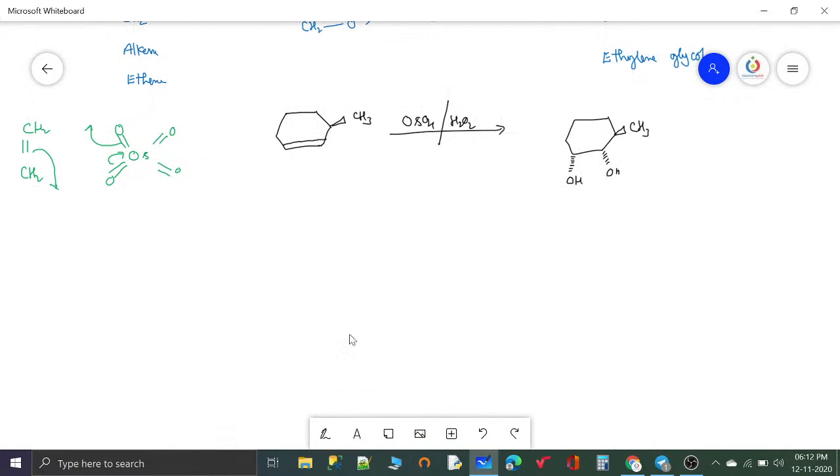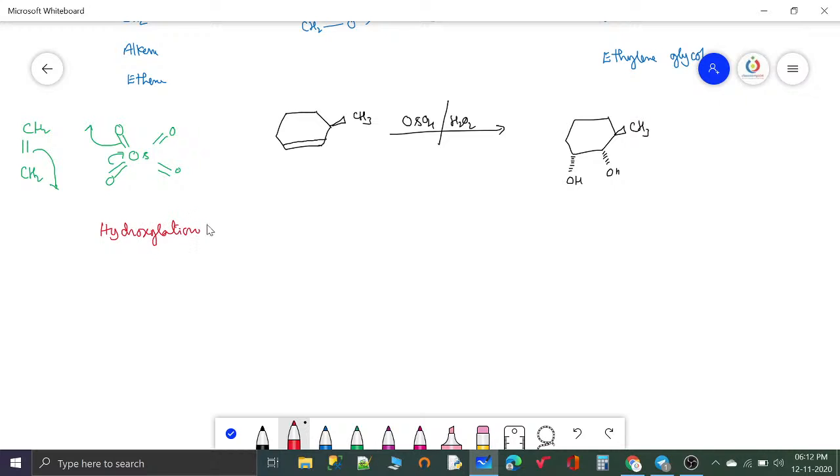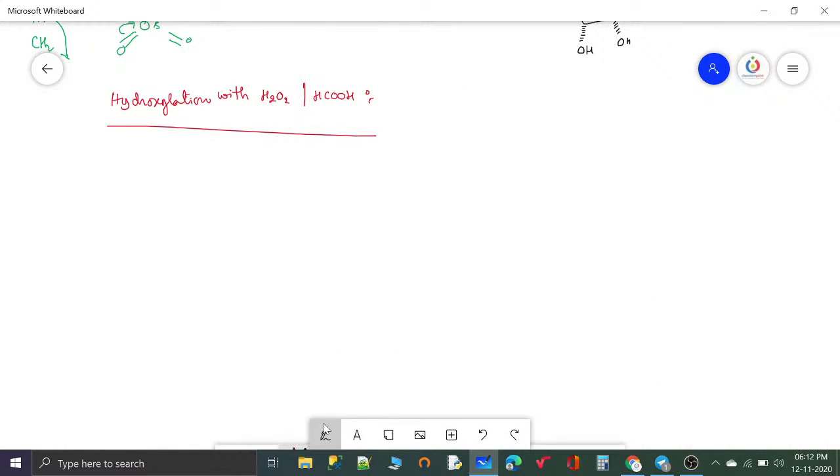Now let us see hydroxylation with another type of reagent which gives almost similar products but with anti-addition: hydroxylation with H2O2 and formic acid. The products in this case are similar to osmium tetroxide, but this reagent gives anti-addition hydroxylation, so I am not writing the complete story.